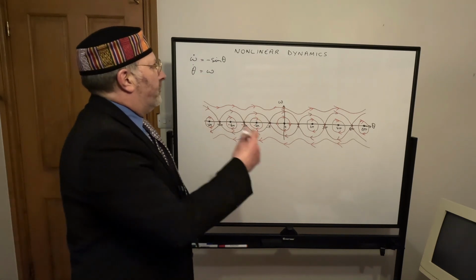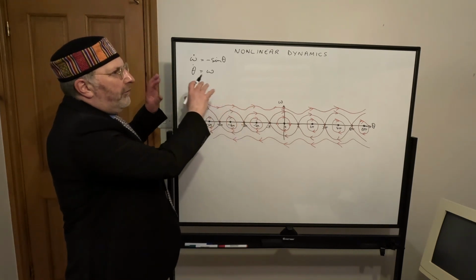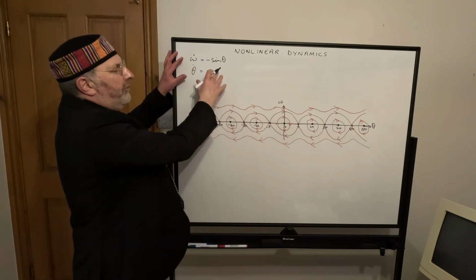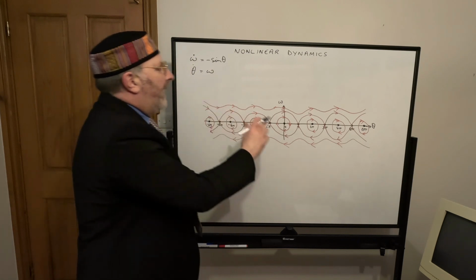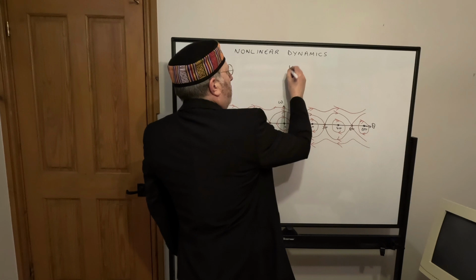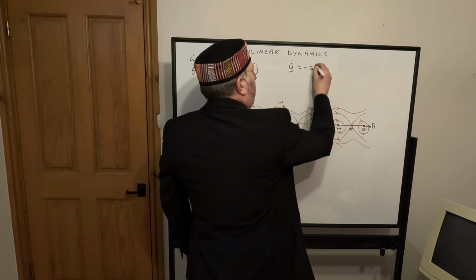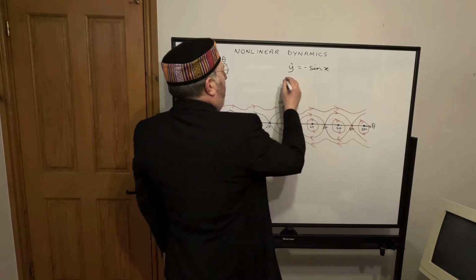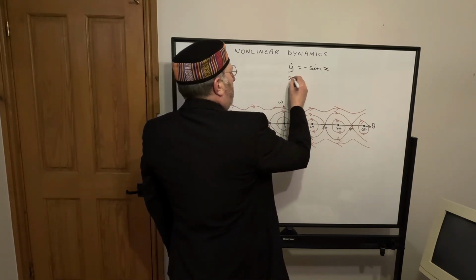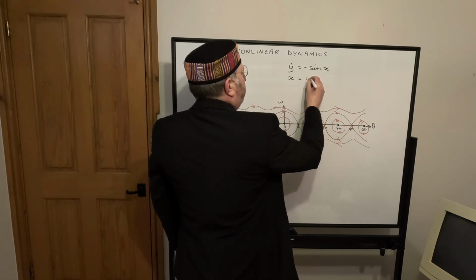Let me just change this to make sure we're not talking about angles, since we're applying this to socio-historical processes. So let's emphasize that by saying, instead of omega, we'll write y dot equals minus the sine of x, and then x dot equals y.